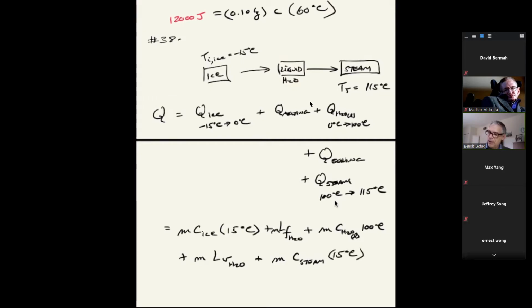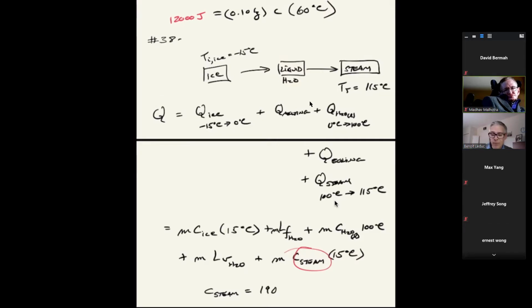And I think the specific capacity of steam is not given in the book. What did you find, Madav? What's the heat capacity of steam? 1.97 kilojoules per kilogram.